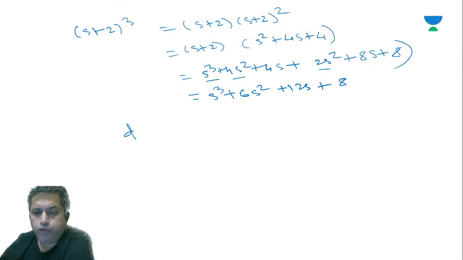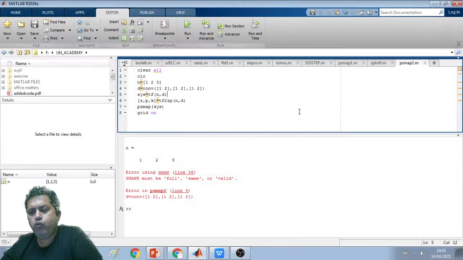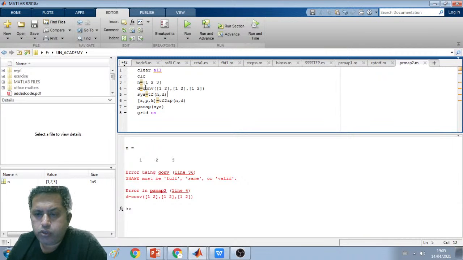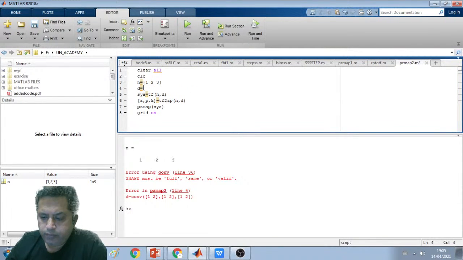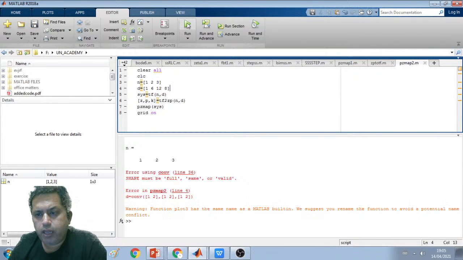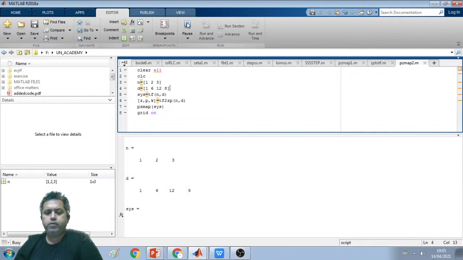So D coefficients will be 1, 6, 12, 8. Just write this 1, 6, 12, 8. Save this one and then run.